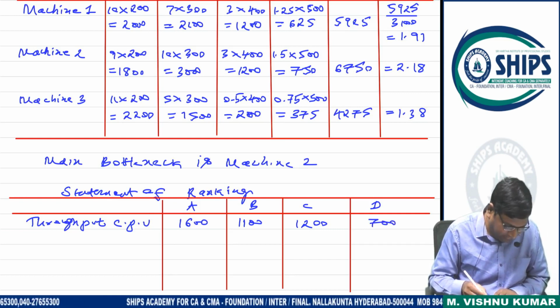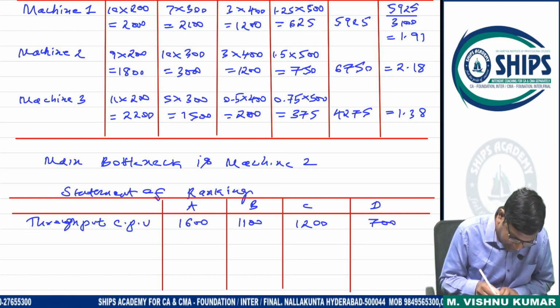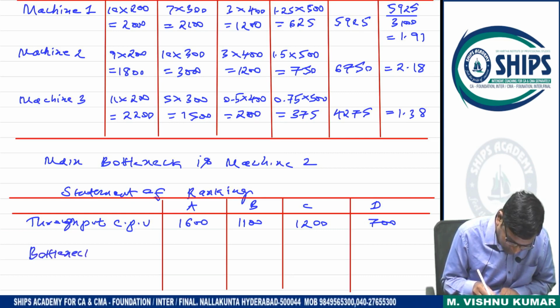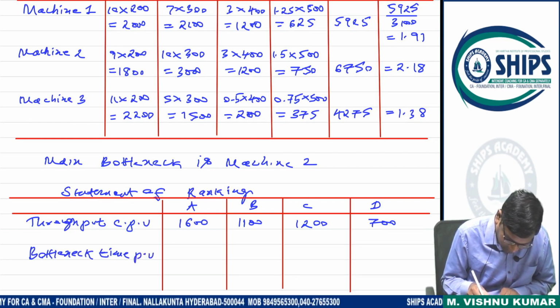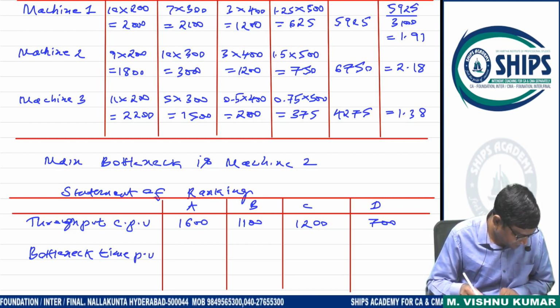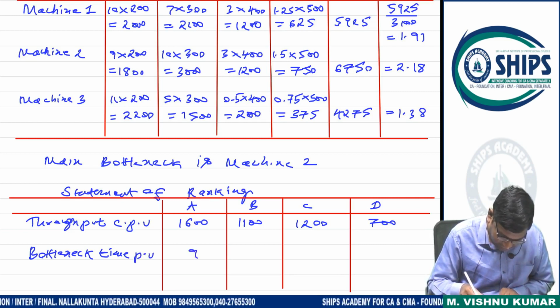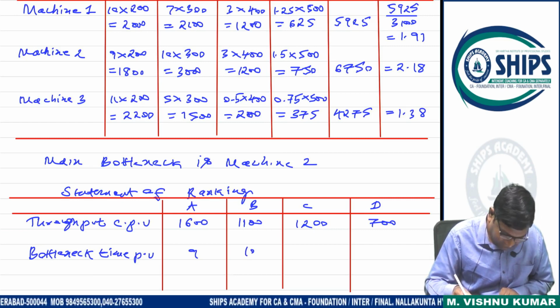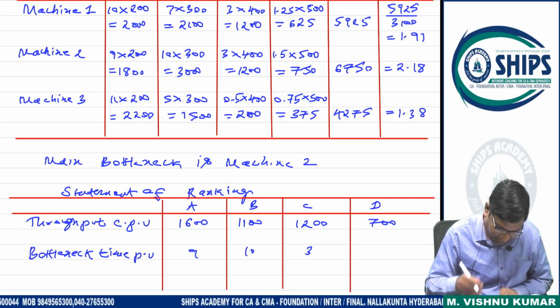Now this will be divided by bottleneck hours. Bottleneck time per unit: 9, 10, 3.